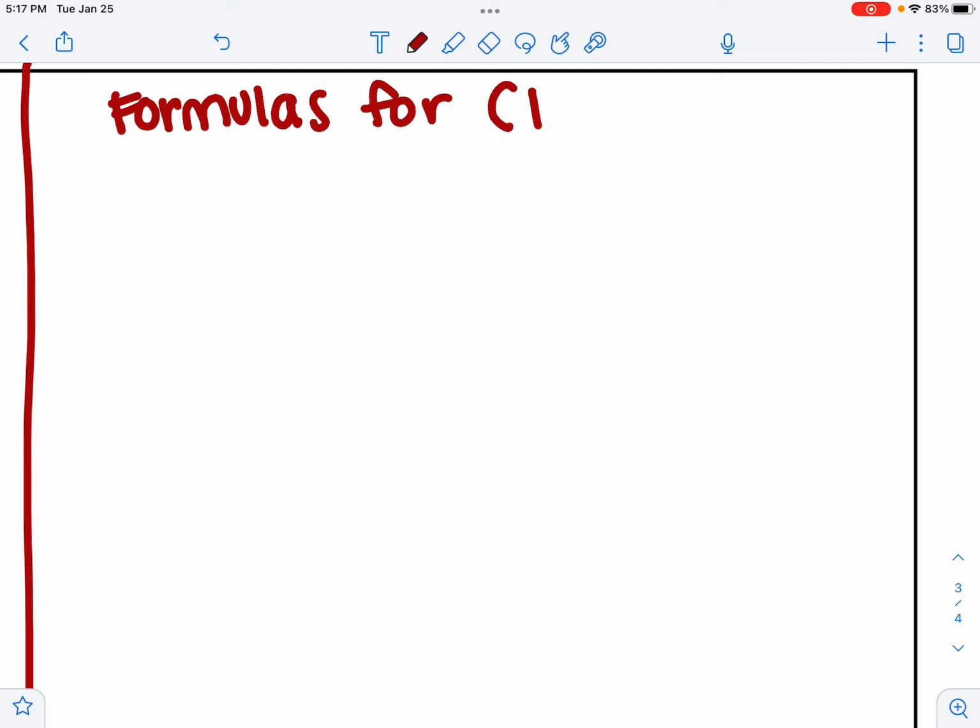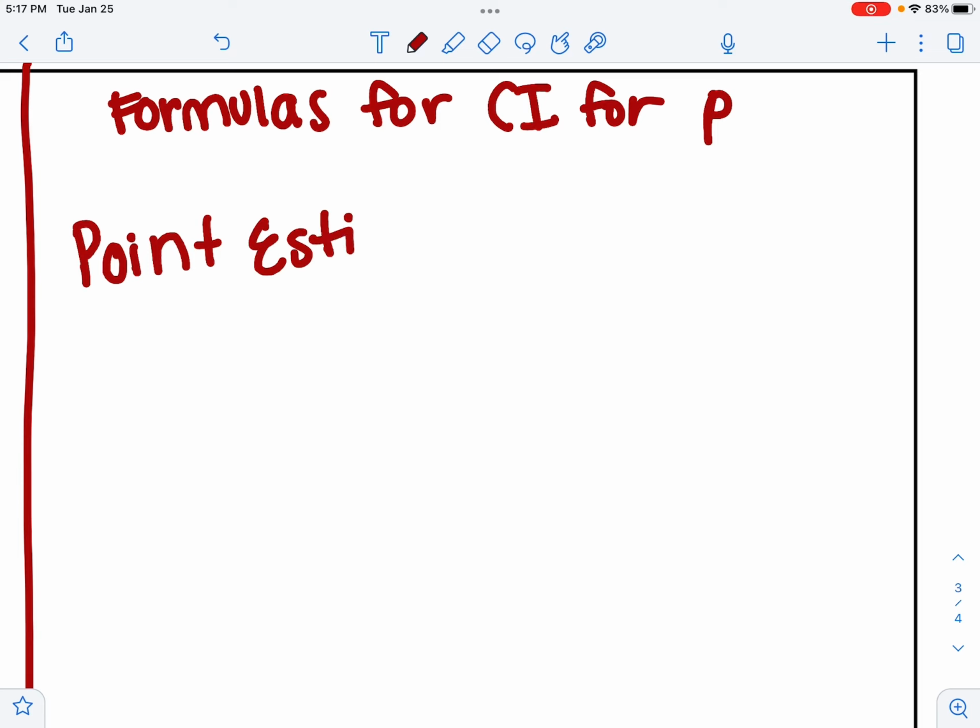All right, and our last important idea for today is formulas for confidence interval for p, for proportions. The first thing is your point estimate plus or minus the margin of error. That gets you your confidence interval.